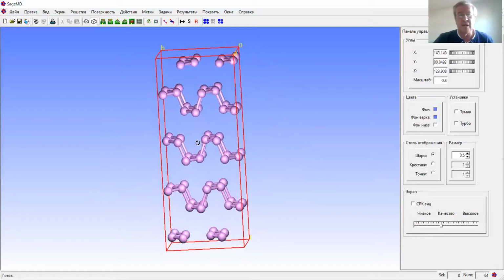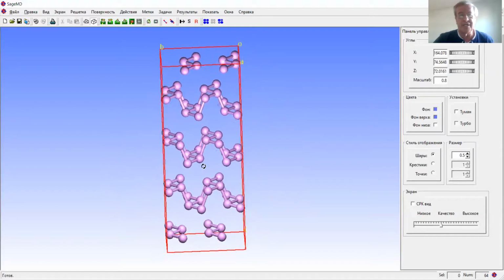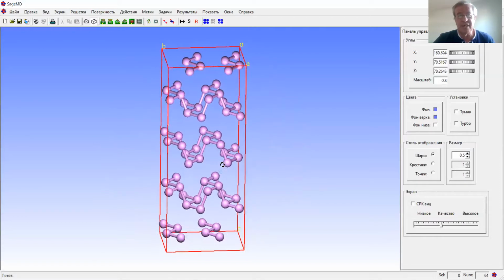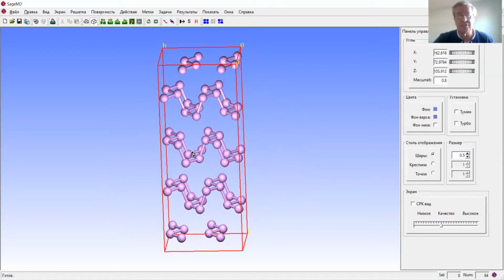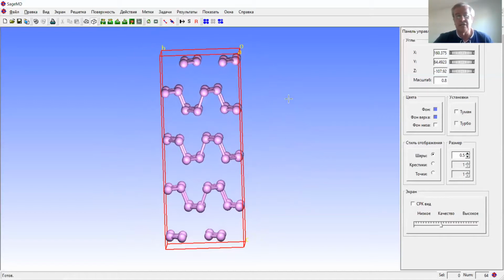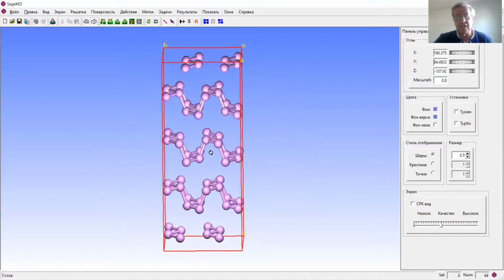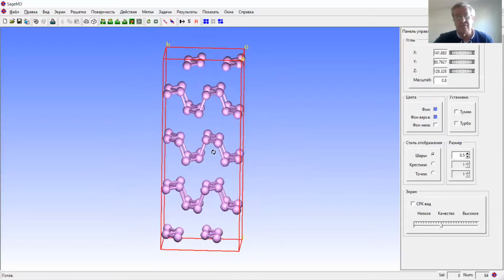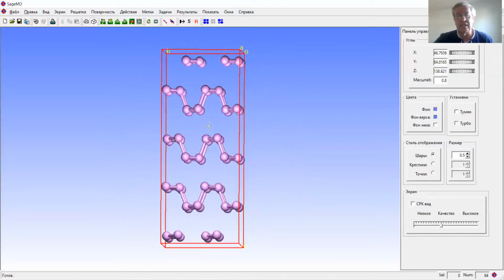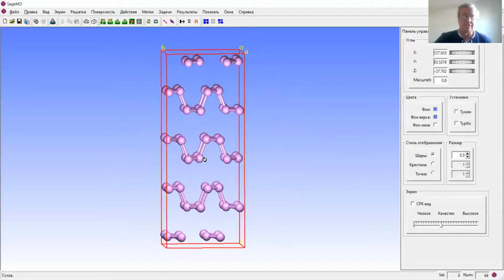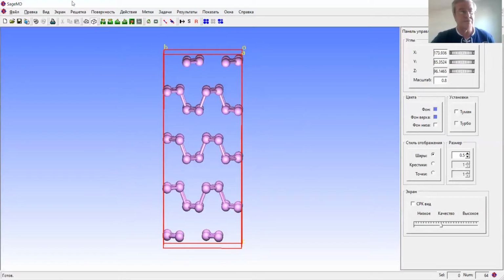It's formed by polymers made by 6-membered rings, where each phosphorus has coordination 3, and then it forms layers of such polymers. Each layer is connected to the others by van der Waals forces. So that's how black phosphorus is made.